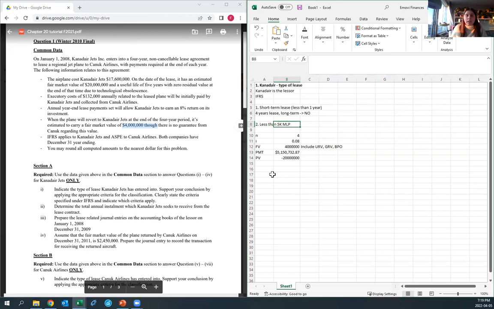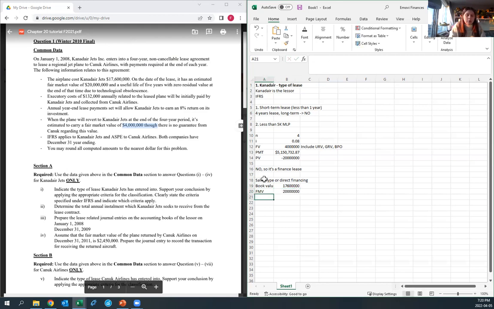So that's really bigger than 5K. So no, it doesn't fulfill it. So it's a finance lease. Now, as the lessor, we have to check: is it a sales type or a direct financing lease? Remember, to be a sales type, the fair market value of the asset needs to be greater than the book value of the asset. The book value in the books of Canadair is 17.6 million, and the fair market value is 20 million.